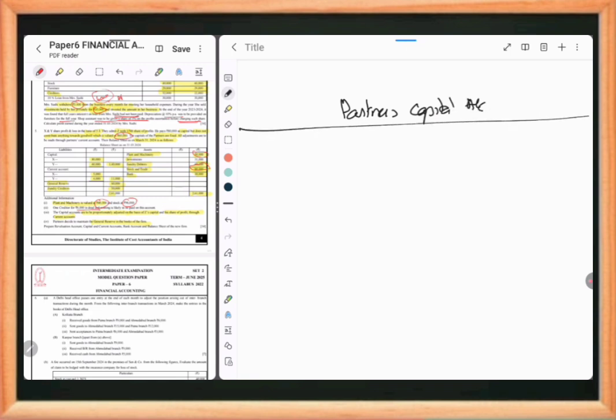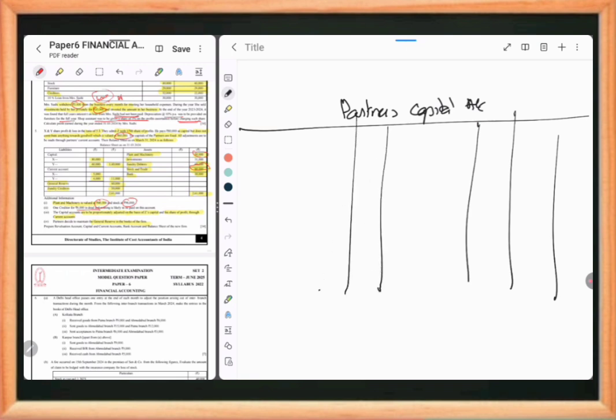So here we will prepare all the three, for X, Y, Z. By balance, the opening balance brought down in the capital account is 80,000 for X and 60,000 for Y.